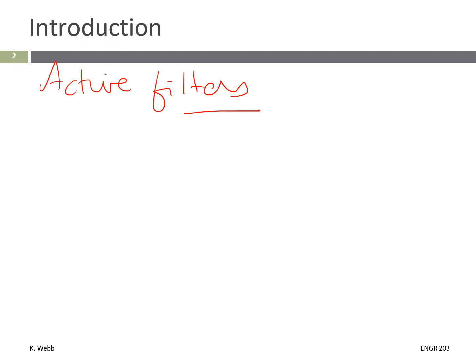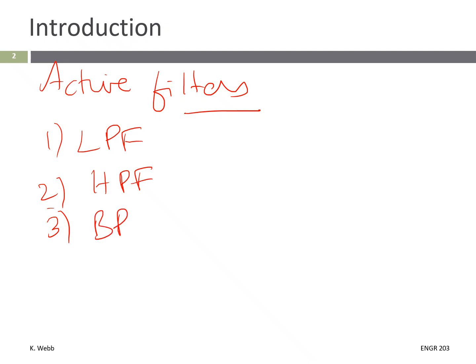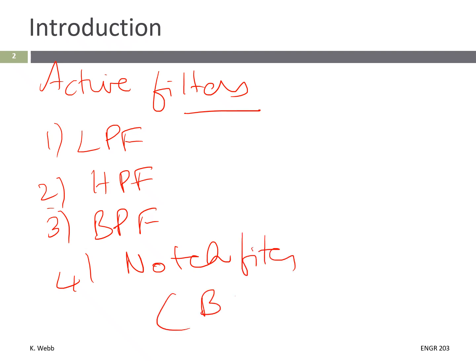There are primarily four types of filters, which are low pass filter, high pass filter, band pass filter, and notch filter. Notch filters are otherwise called band reject filters. These are the four basic types of filter. We will understand the classification of these types of filters in this video.